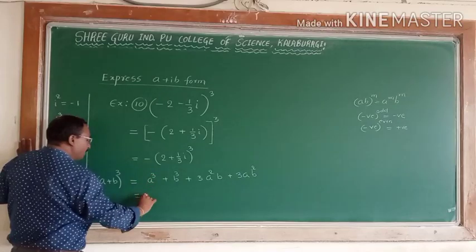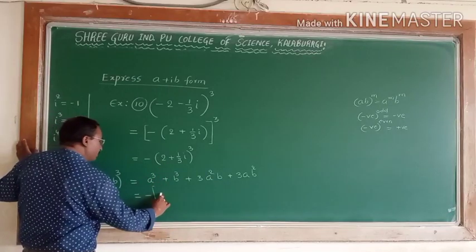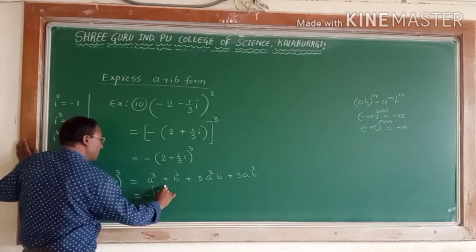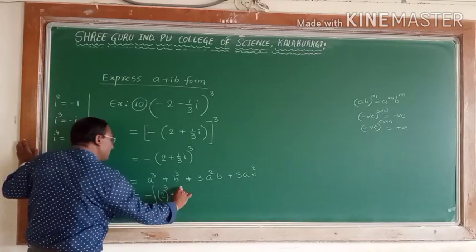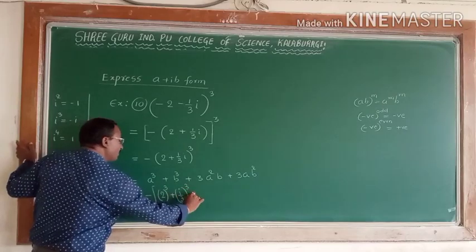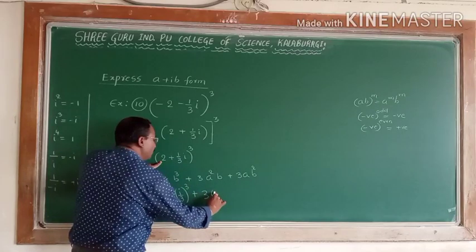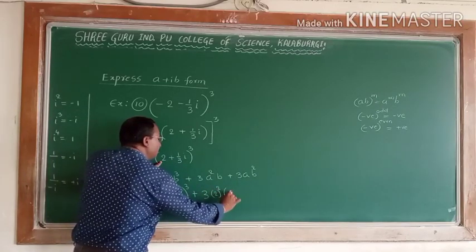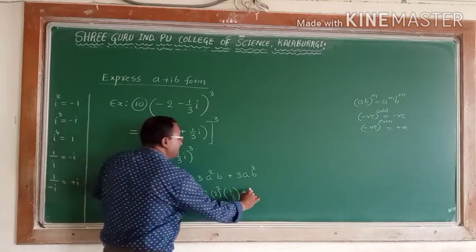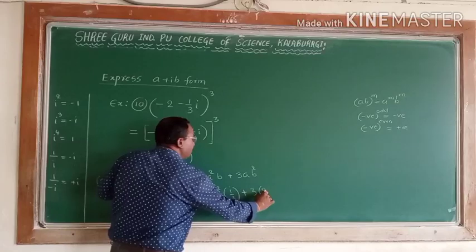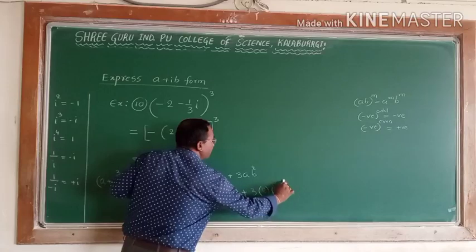Minus sign is there, minus sign as it is. a cube is 2 cube, plus (i by 3) whole cube, plus 3 as it is. a is 2 square, b is i by 3, plus 3 as it is, a is 2, b is (i by 3) whole square.